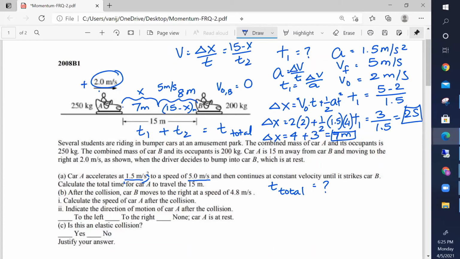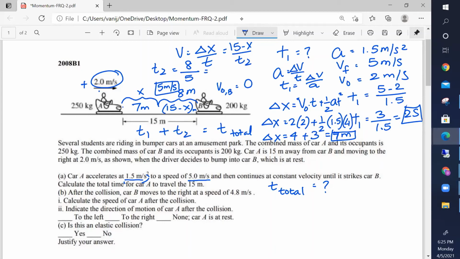Now that I know the distance and I know the speed, I can figure out T2 very easily. T2 is simply going to be equal to 15 minus x, which is 8, divided by the velocity, which is 5. 5 meters per second is the velocity for that distance of 15 minus x.